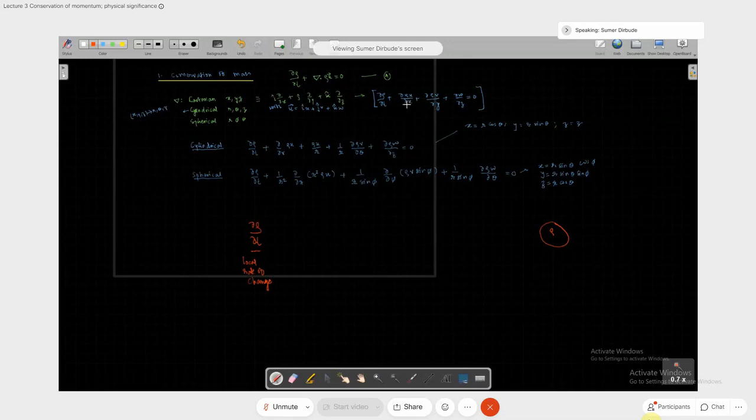And this is what happens at the boundaries. ∂x, ∂y, ∂z represent what happens in the spatial directions.